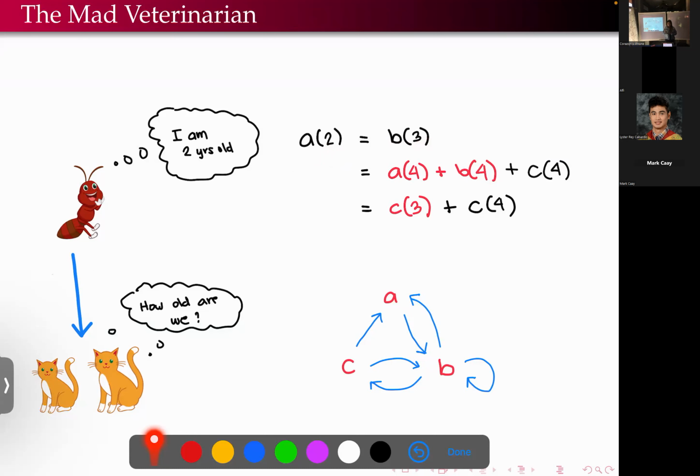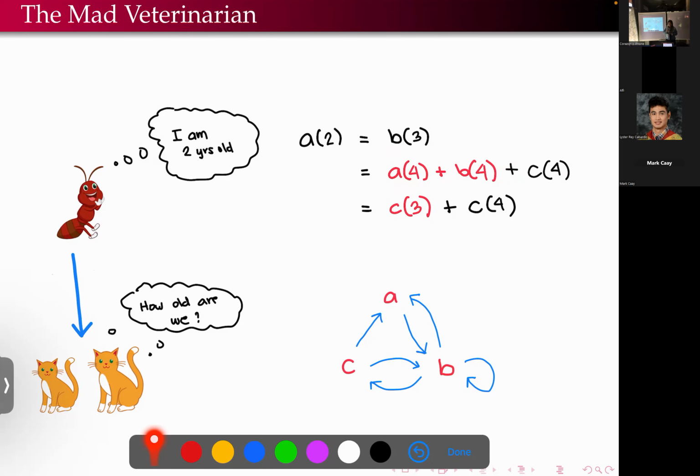I do this again. B is emitting A, B itself, and C. And I again increase 1 on the index. So 3 becomes 4, 4, 4. And I just keep these guys here.